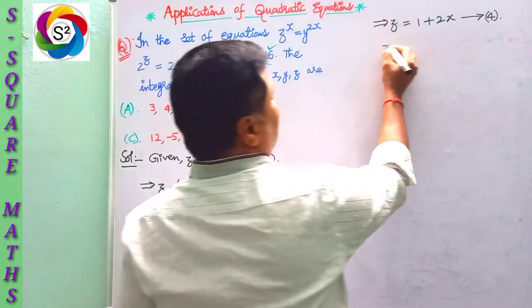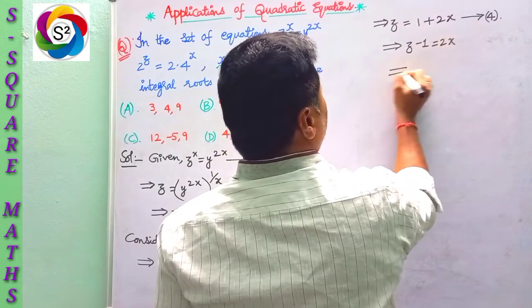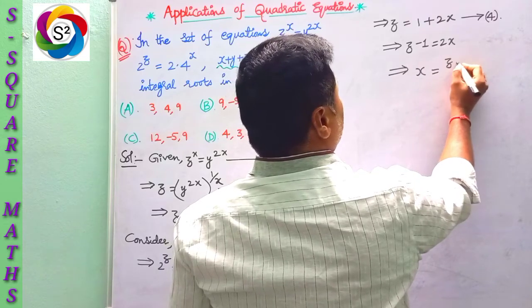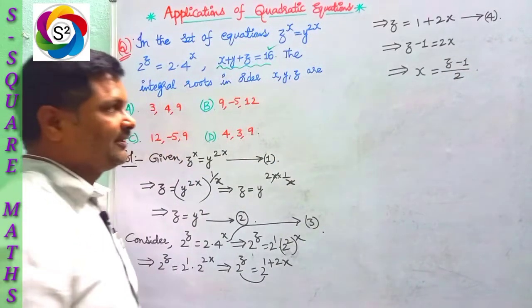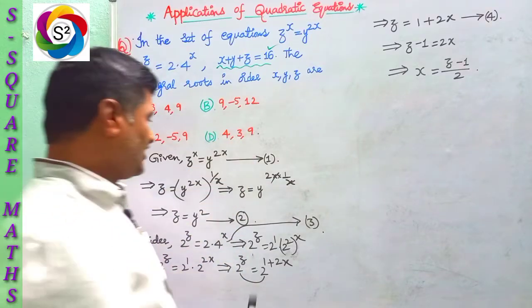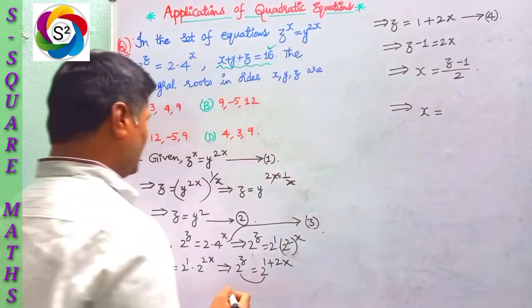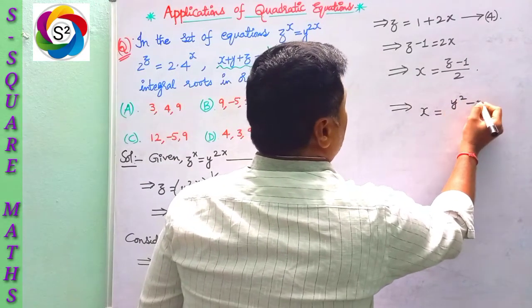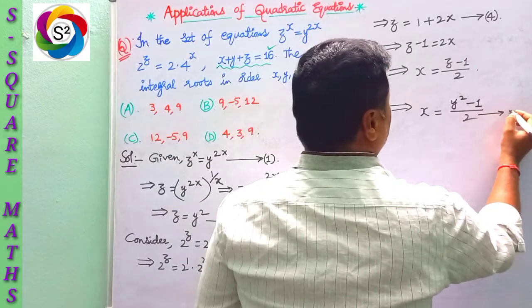This implies I can write z minus 1 is equal to 2x. Finally x is equal to z minus 1 by 2. But what is z here? z we already got, z is nothing but y square. So x is equal to y square minus 1 by 2. Mark this as equation number 5.